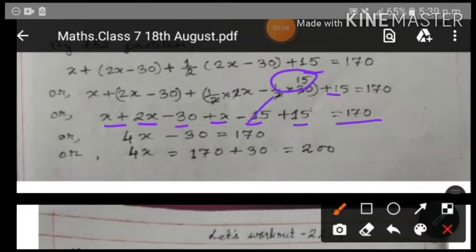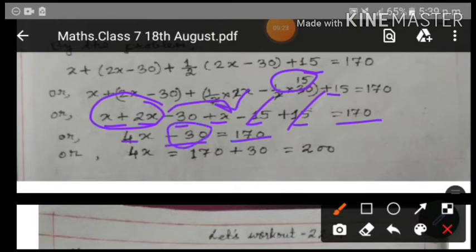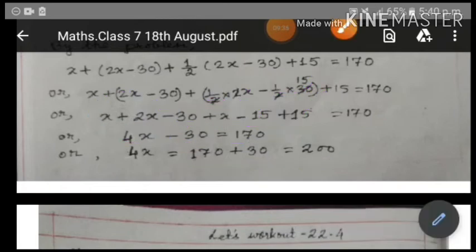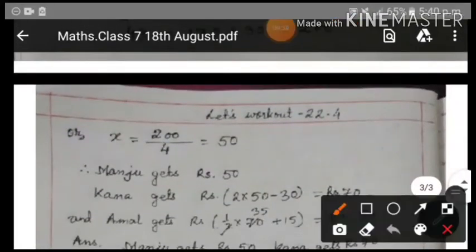We can cancel out minus 15 and plus 15 and get x plus 2x plus x, which is 4x. So 4x minus 30 equals 170. Changing the side, minus 30 becomes plus 30, so 170 plus 30 is 200. So 4x equals 200, and x equals 200 by 4, which is 50.